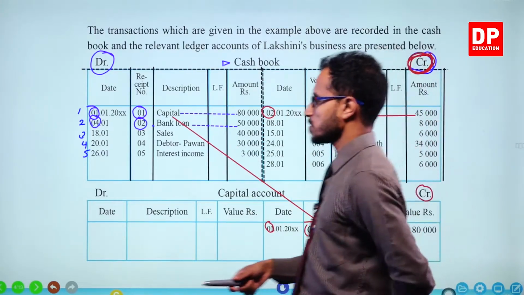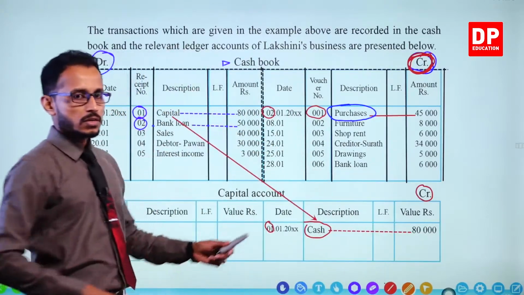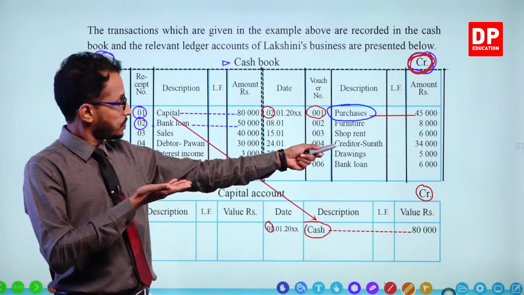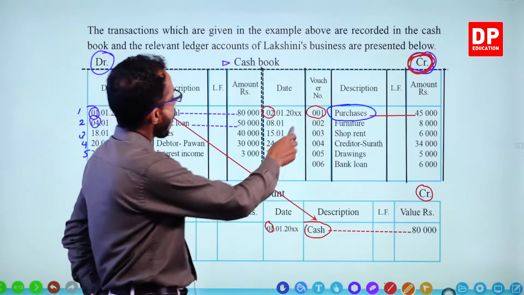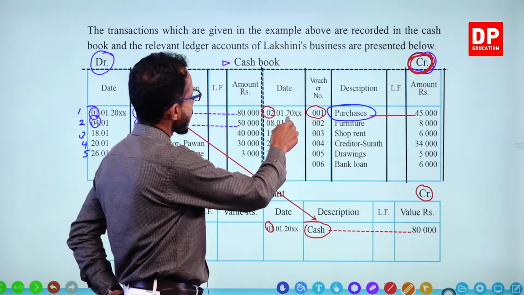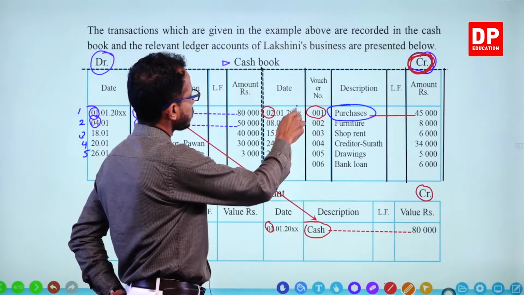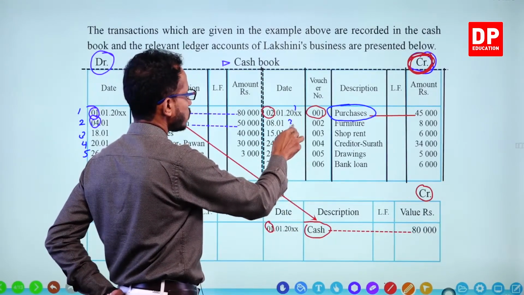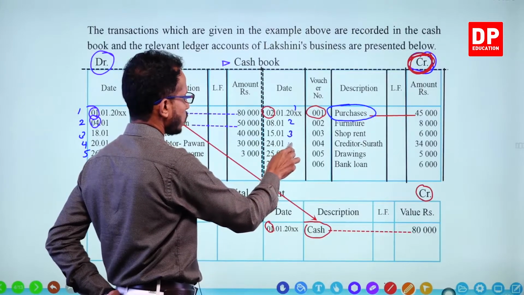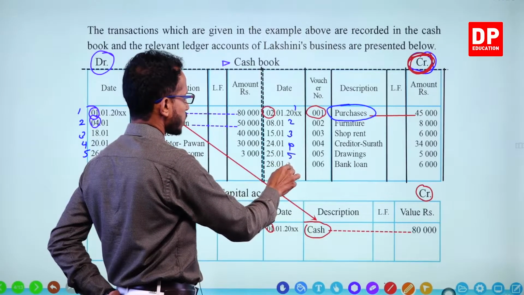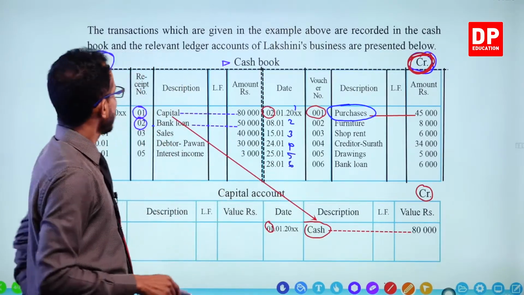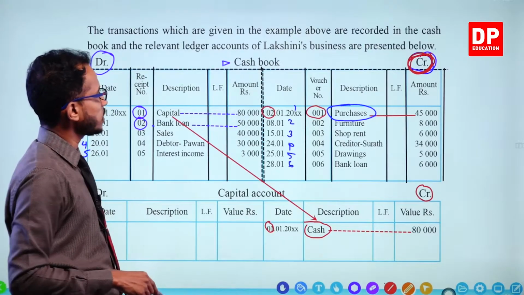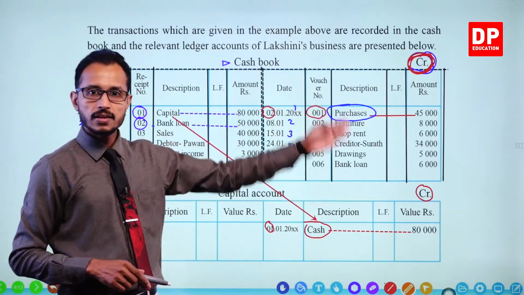How many entries? 1, 2, 3, 4, 5, 6. 6 entries on the credit side.